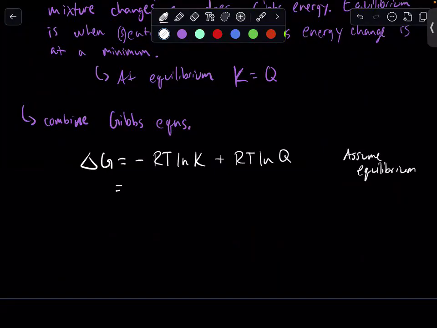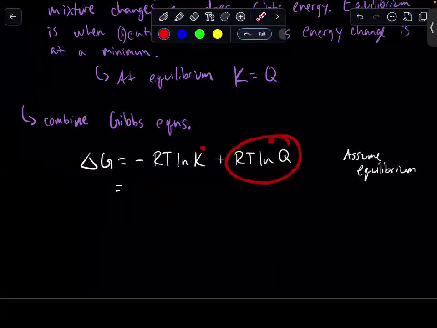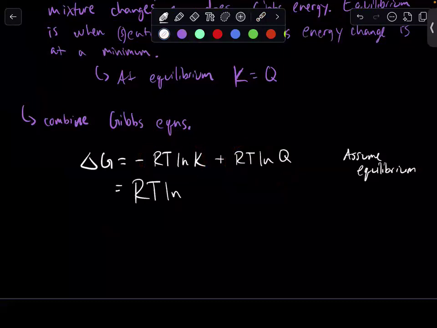We can combine our natural log values: RT ln Q minus RT ln K is the same thing as RT ln Q over K.